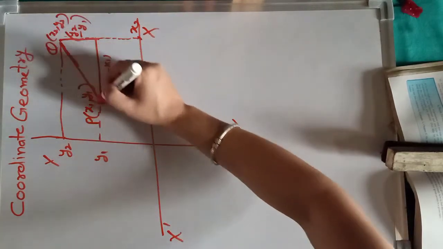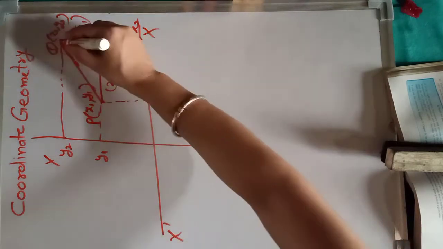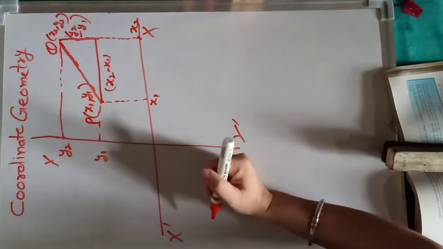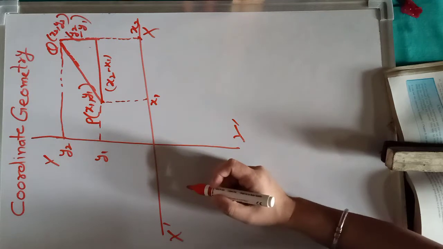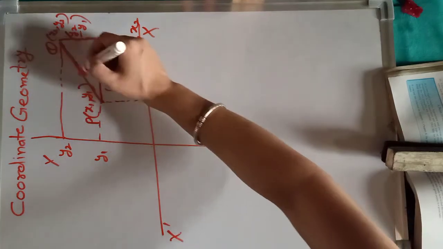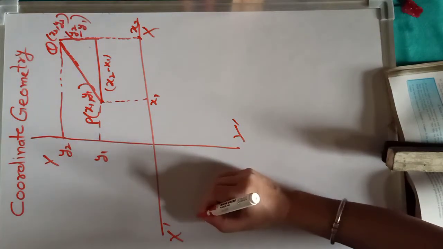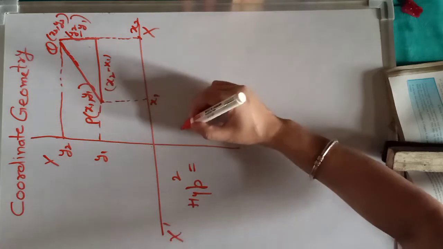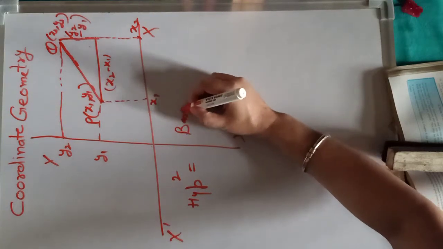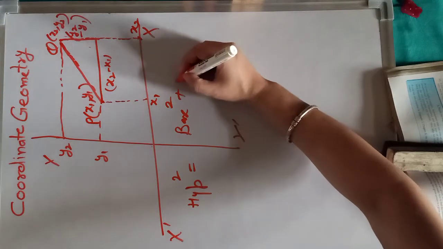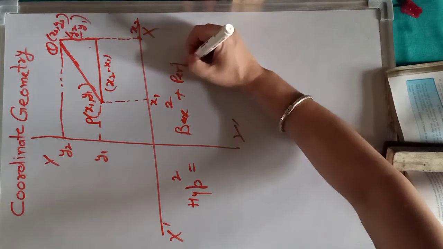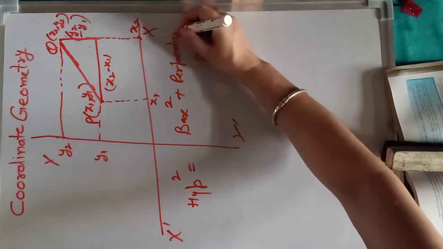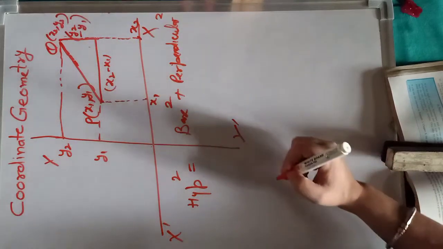By using the Pythagoras theorem, in this triangle we can find the distance between P and Q. In the Pythagoras theorem, hypotenuse square is equal to base square plus perpendicular square.